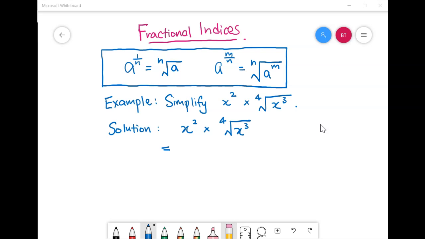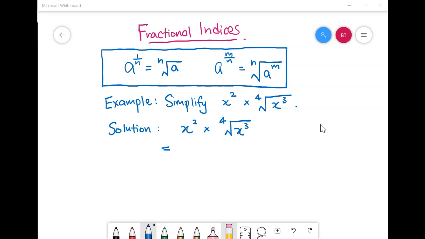Alright, looking at the example on the screen, we have a question: simplify x squared times 4th root of x cubed. This kind of question looks a little bit difficult for us to simplify because the base is an unknown, and therefore it is a bit difficult for us to evaluate.